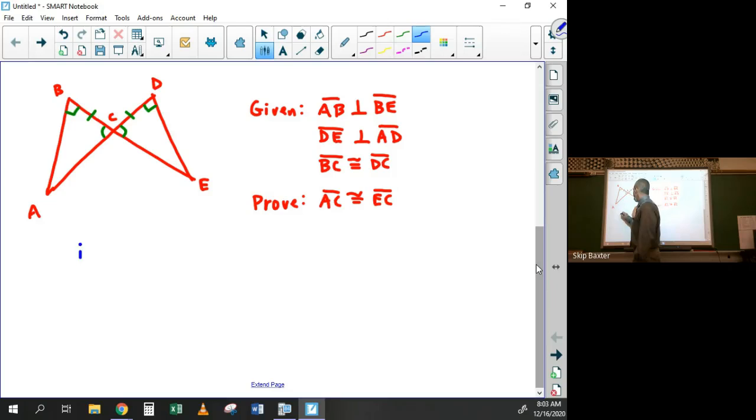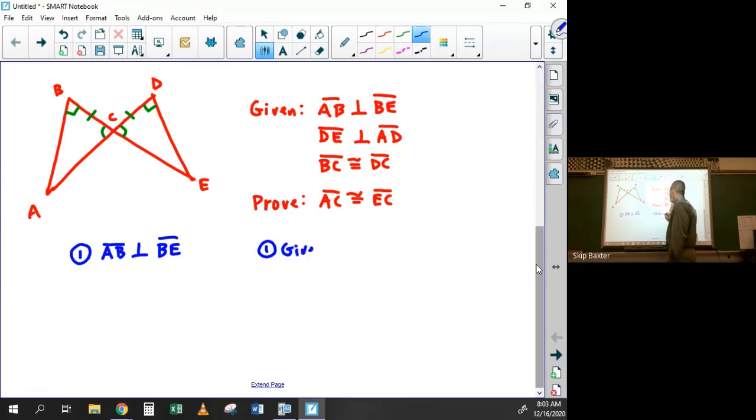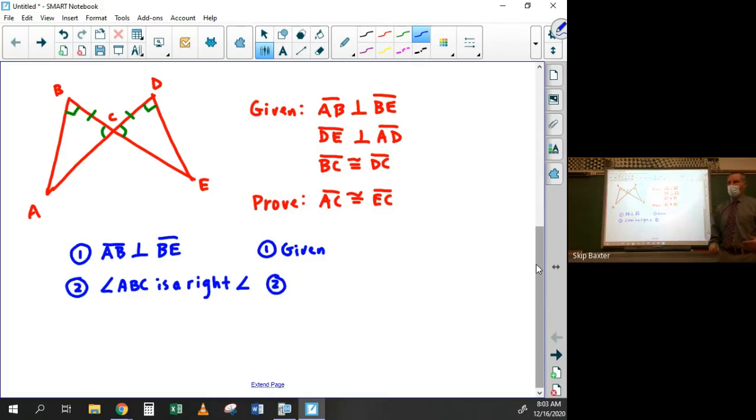So step one would be AB is perpendicular to BE, that's given. Step two is angle ABC is a right angle. And that's just because perpendicular lines intersect at right angles.